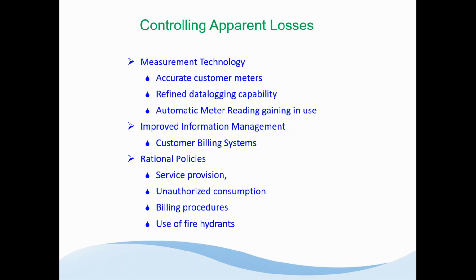Controlling apparent losses: measurement technology, accurate customer meters, refined data logging, AMR, improving information management systems for customer billing, AMIs, good rational policies. And then also looking at your service provisions and your unauthorized consumptions and your billing procedures and your use of hydrants, making sure stuff isn't getting away from you.